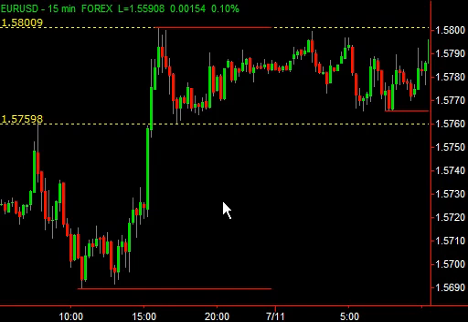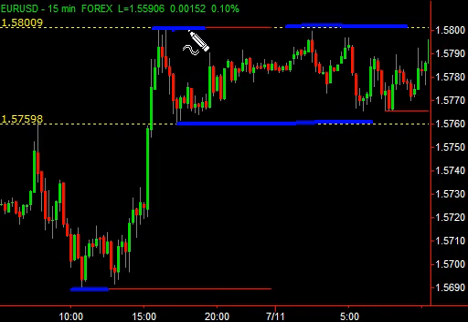The next thing that I want to note with the range is, is this range at an ideal location? What I'm looking for is for this range to be at the high end of the previous day's high-low range. So these solid red lines are the previous day's highs and lows.